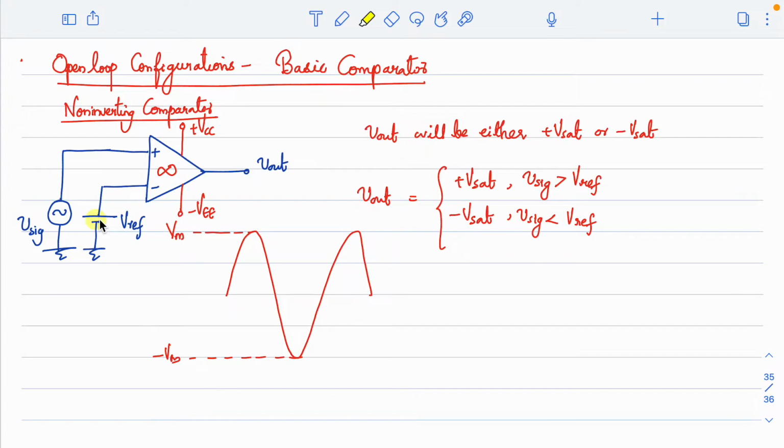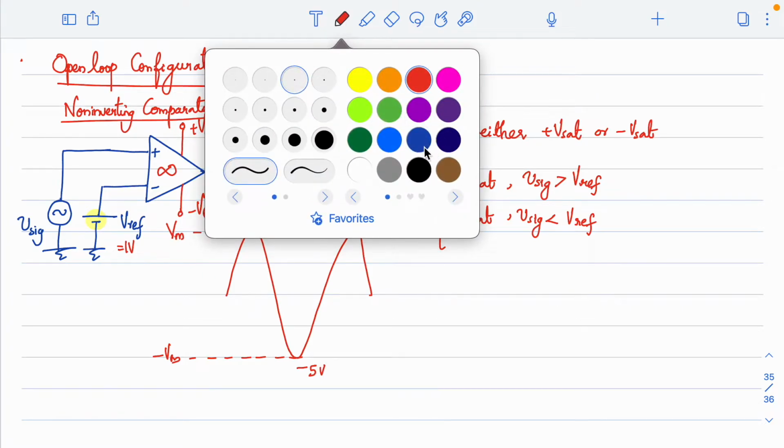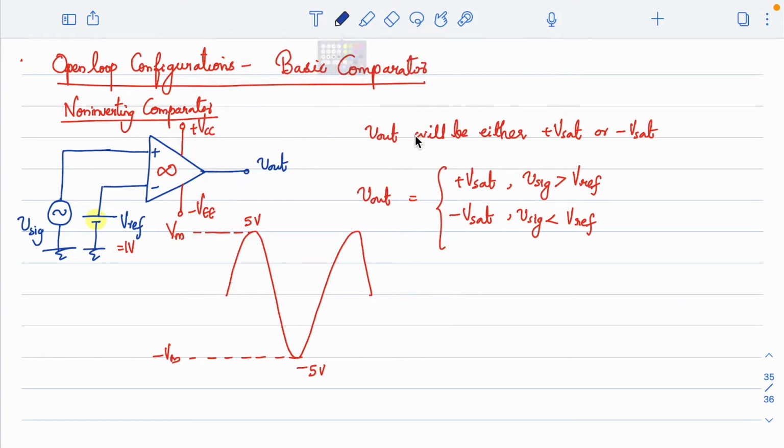The plus of the battery is connected to the negative terminal, and just for example's sake, let me assume the signal peak is 5 volt, this is minus 5 volt, and the reference voltage is 1 volt. This is 1 volt, which is the reference, right?